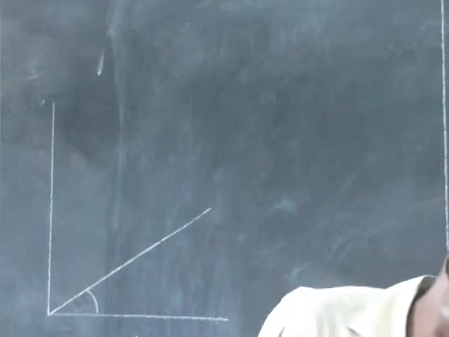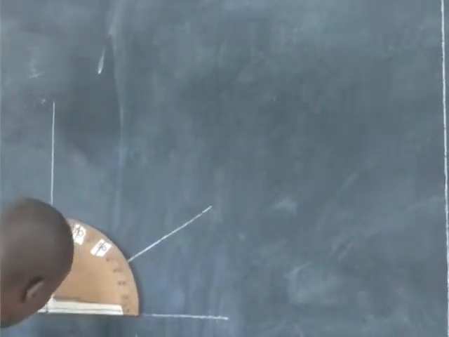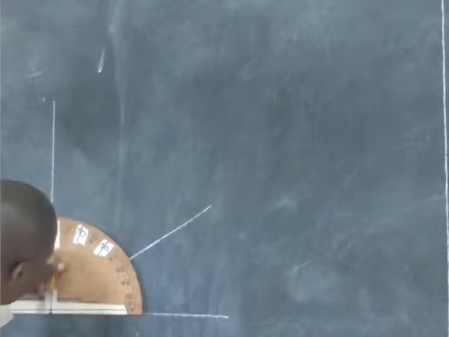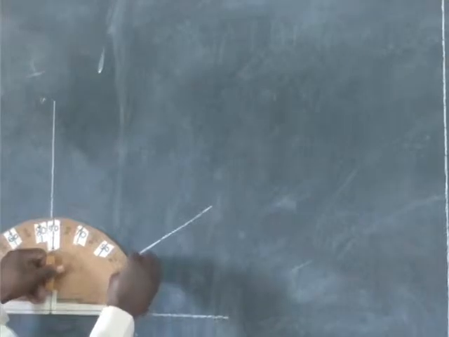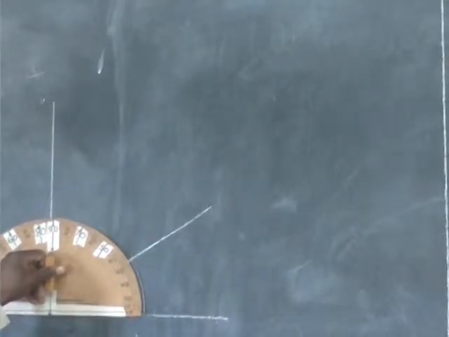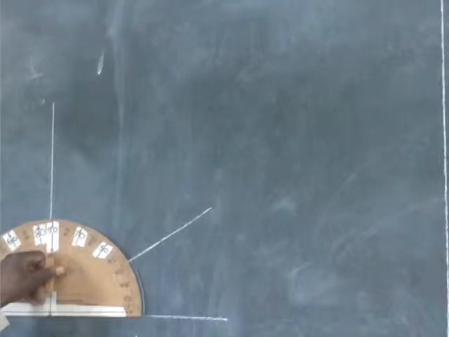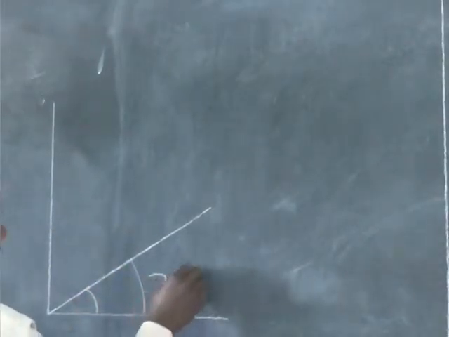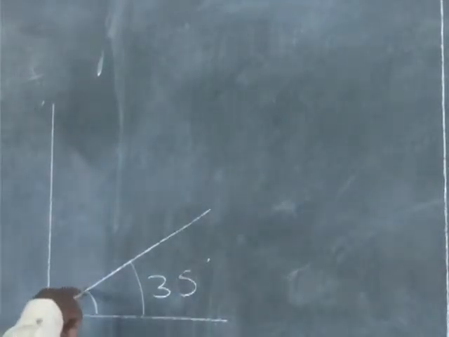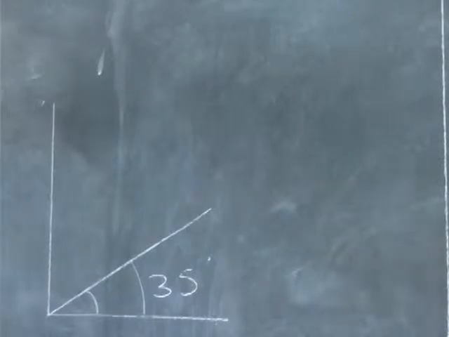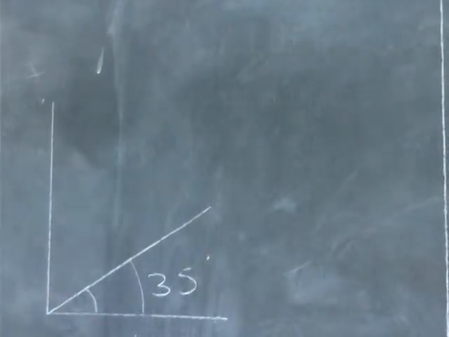And if we measure this one, you realize that from this side to this point, using the inner scale, you will have 35 degrees. Therefore, we said complements are angles that add up to 90 degrees. If this one is 35 degrees, what is the complement of 35 degrees?